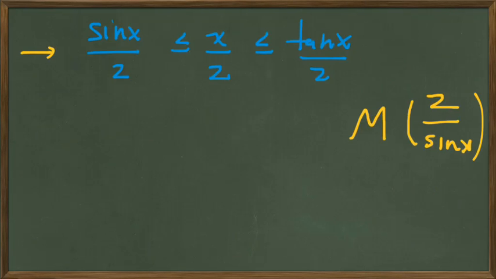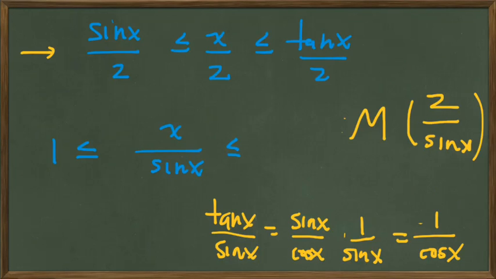When we multiply by 2 over sine x, that gives us 1 on the leftmost inequality. It gives us x over sine x in the middle inequality, and it gives us tangent x over sine x on the rightmost inequality, and the tangent x over sine x that we get in this rightmost position reduces to 1 over cosine x.